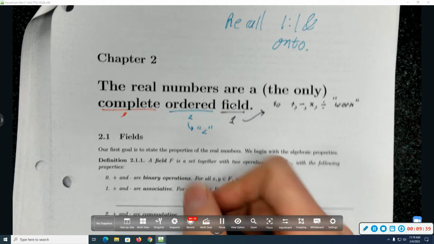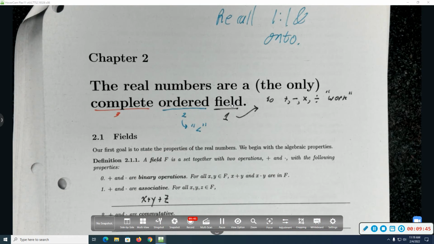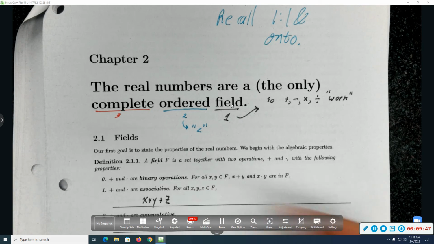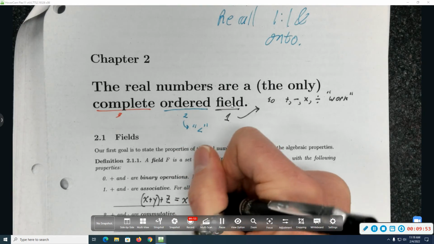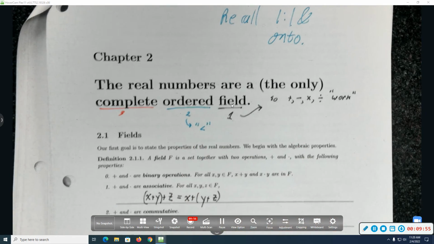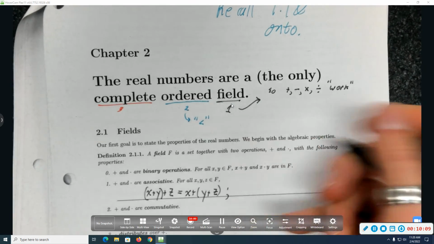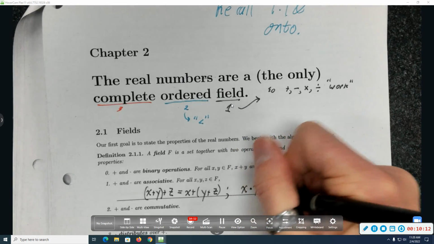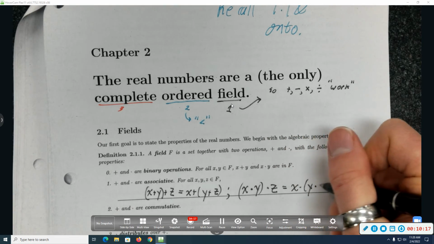It's the rule that says x plus y plus z makes sense, even though the operation is only binary. So associativity says that those two things are the same, so you didn't need to draw the parentheses anyway. Okay, that's what you meant by slide. Yeah, I interpreted the word slide as distributivity. And multiplication should be associative as well: x times y times z is the same either way you group it.